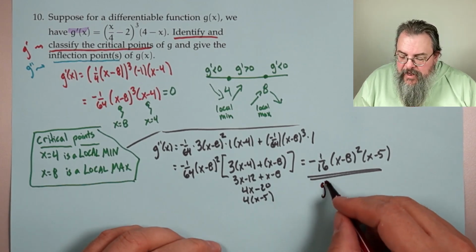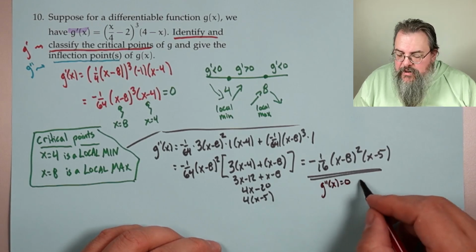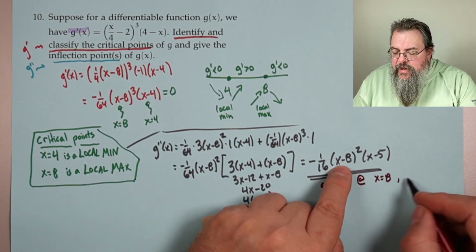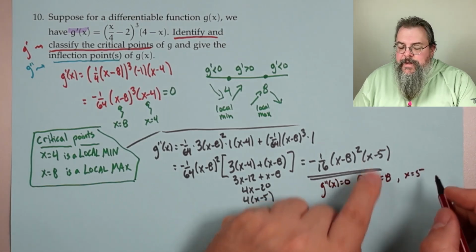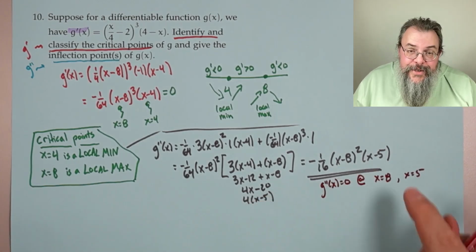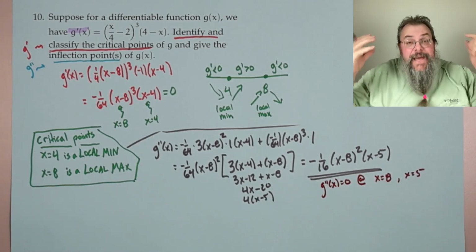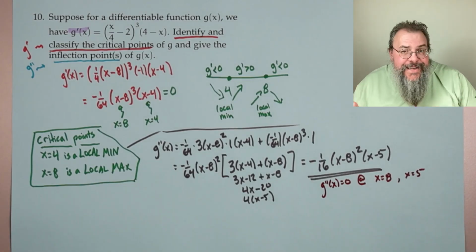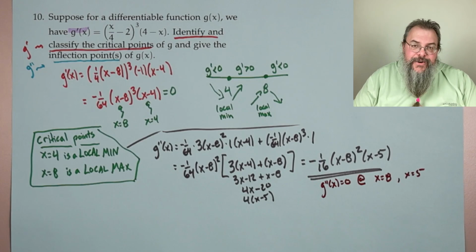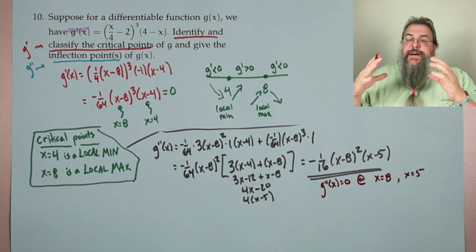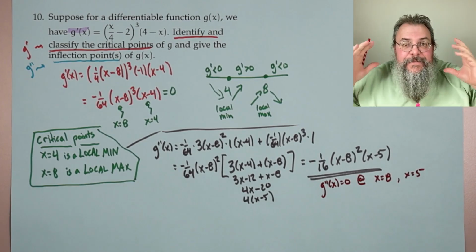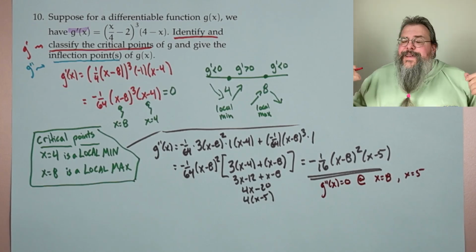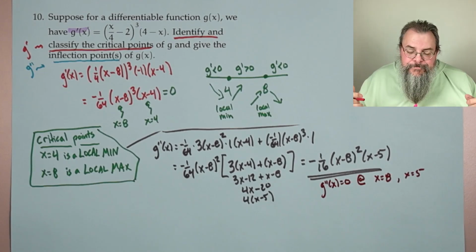G double prime of x equals 0 at, well, x equals 8 and x equals 5. So are these our critical points? Maybe. Maybe. But not guaranteed. So here's the issue. Sorry, I said critical points. Inflection points. Are these our inflection points? Maybe. Maybe.